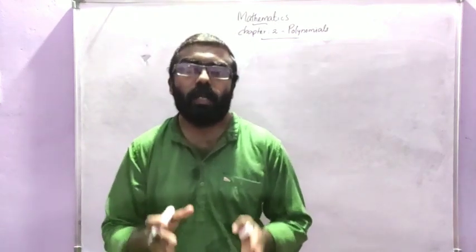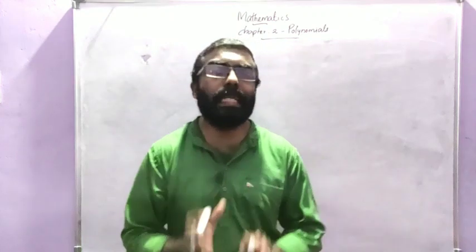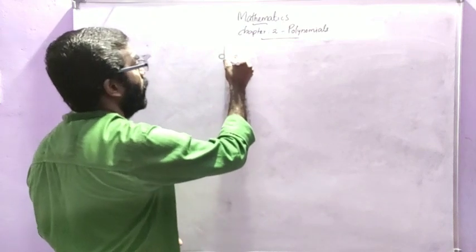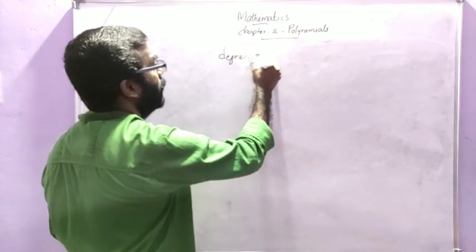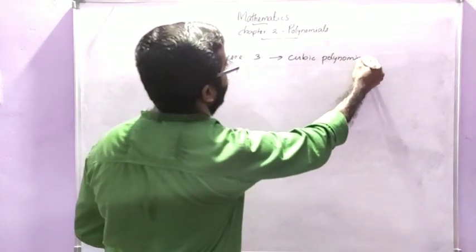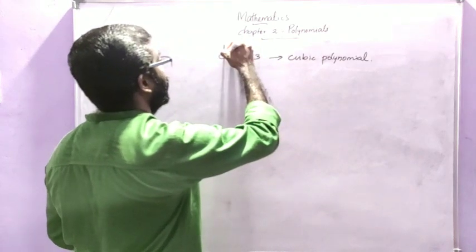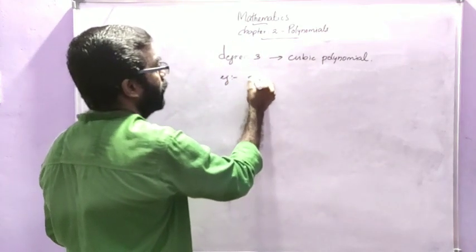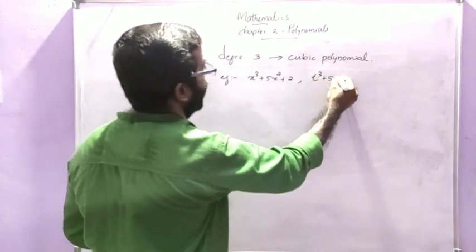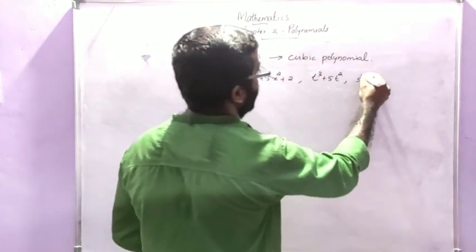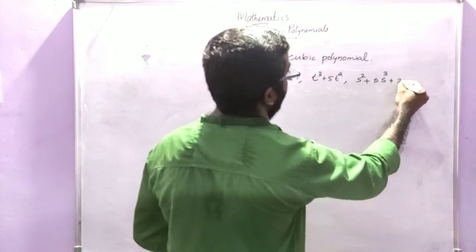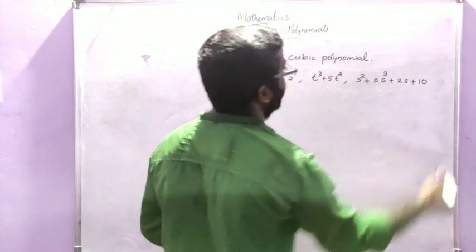Okay, understood? Now we call a polynomial of degree 3 a cubic polynomial. And some more examples of cubic polynomials are x cube plus 5x square plus 2, t cube plus 5t square, 5s cube plus s square plus 2s plus 10.